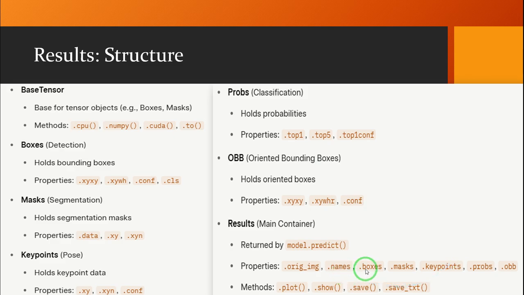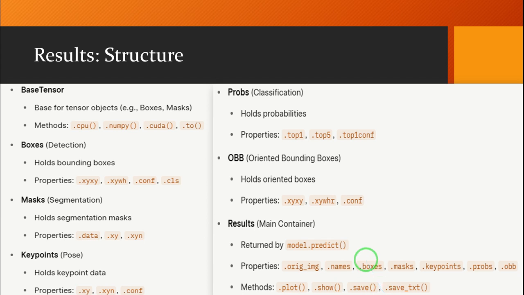Boxes is for the detection model, masks for the segmentation model, keypoints for a pose model, probs for a classification model, and OBB for an OBB model. Others like plot are used to draw the results on the image or return the numpy array. Show will display the plotted image, save will save the image, and save_txt saves the results to a text file.